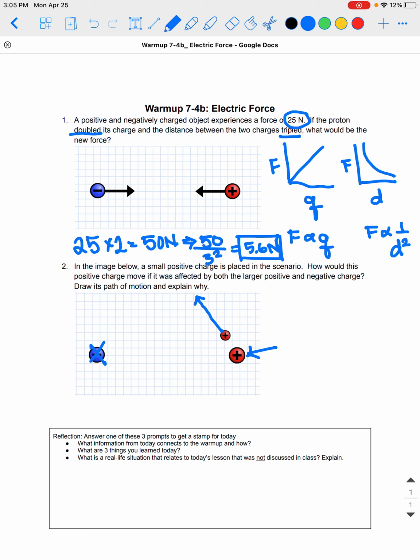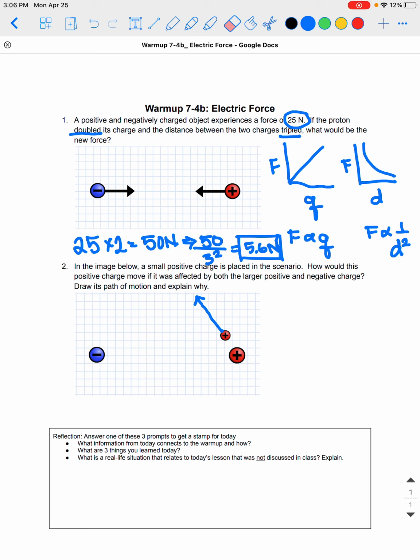As it's moving away, the distance is increasing, and therefore the force is decreasing, again, by a factor squared. And so as it moves away, we can now determine how this negative charge is going to affect it. And we know that positive and negative charges attract.